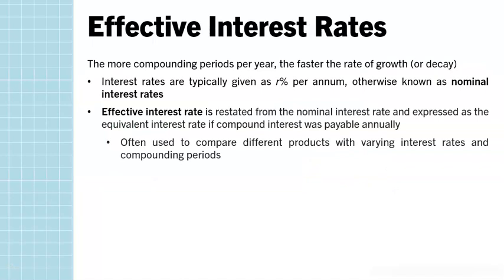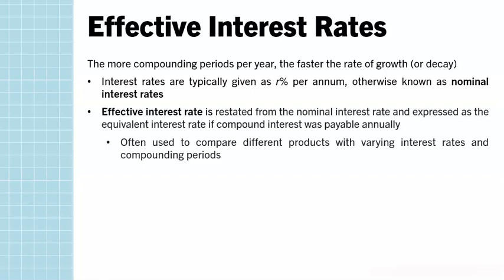At this point, it's good to talk about effective interest rates. So effective interest rates are when we're comparing the difference between the per annum interest rate that is quoted to us and what is the impact or what effect does it have that we are compounding more often than just annually.